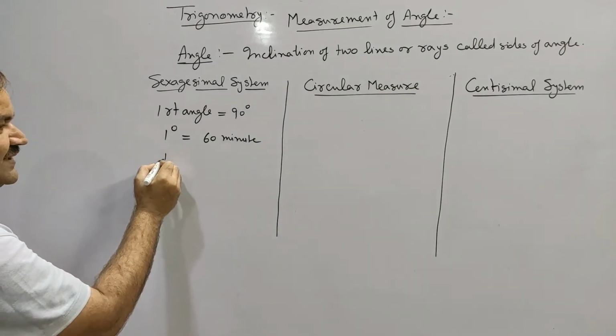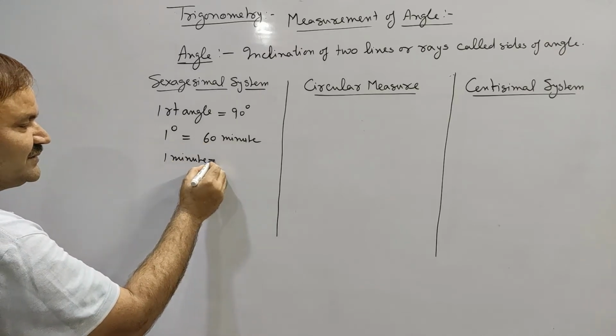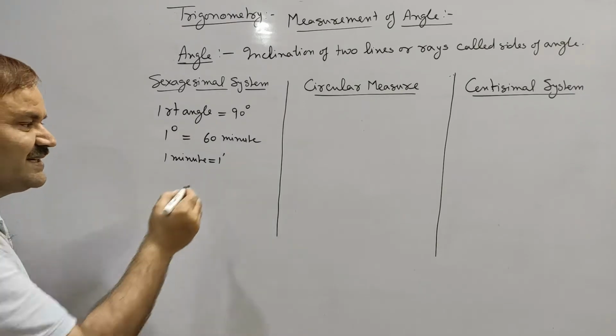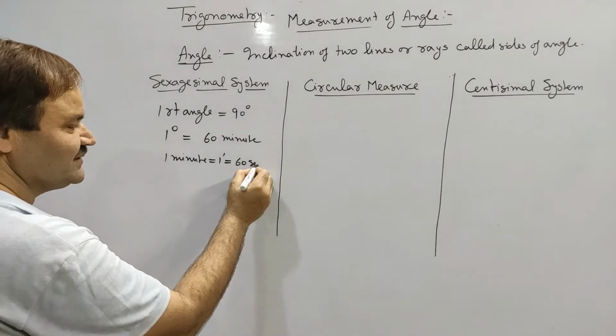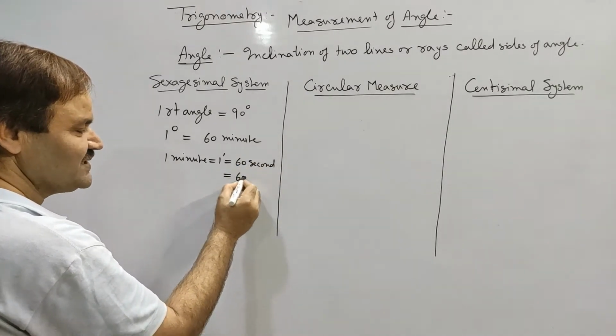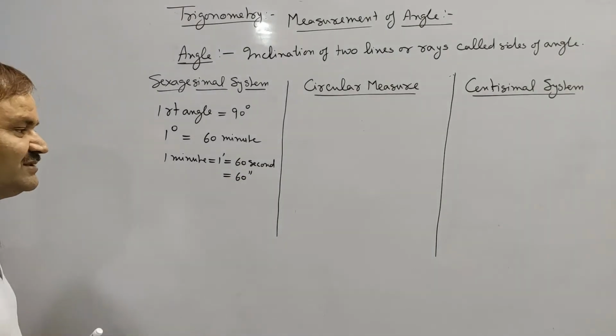So 1 minute, which is also represented by a single dash, is equal to 60 second, and a second is represented by 2 dash.